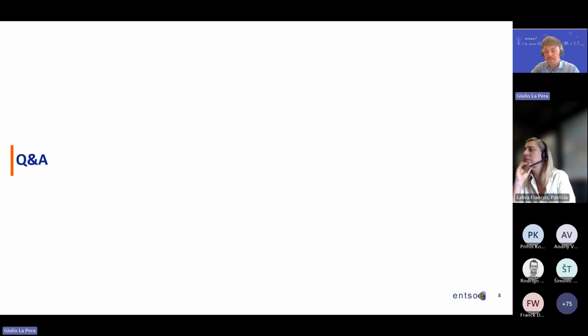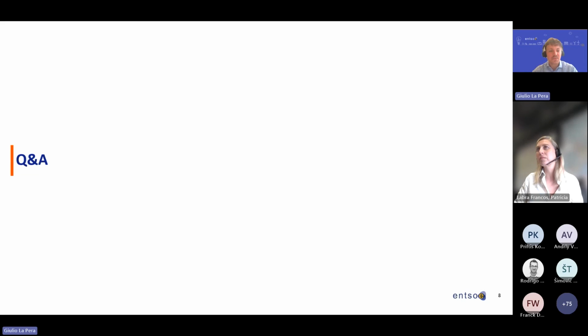It depends on what data, but if it's a contact person, yes, you can change it. If it's something that is relevant from a technical point of view, then we're not in the position to update it at this moment. If it's a description of the project, maybe we can discuss it if there's a typo or something. But yes, all right. Thank you.